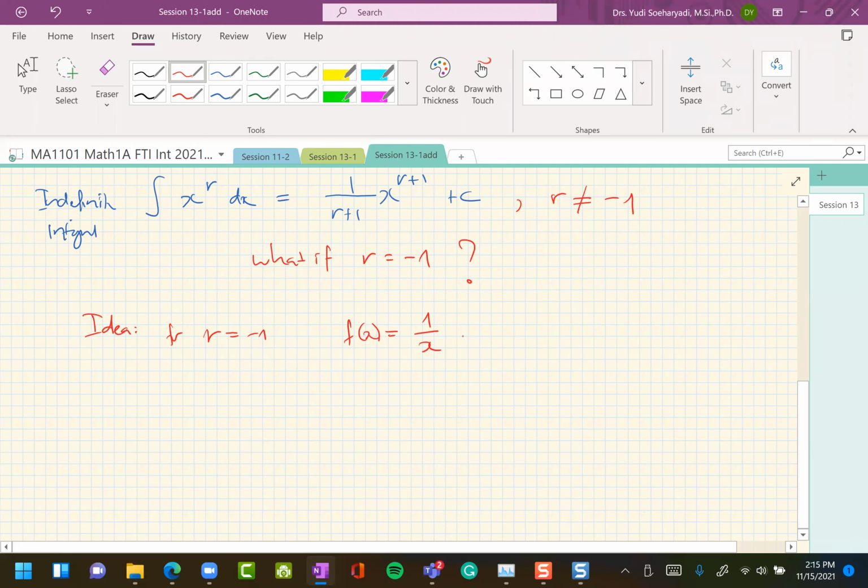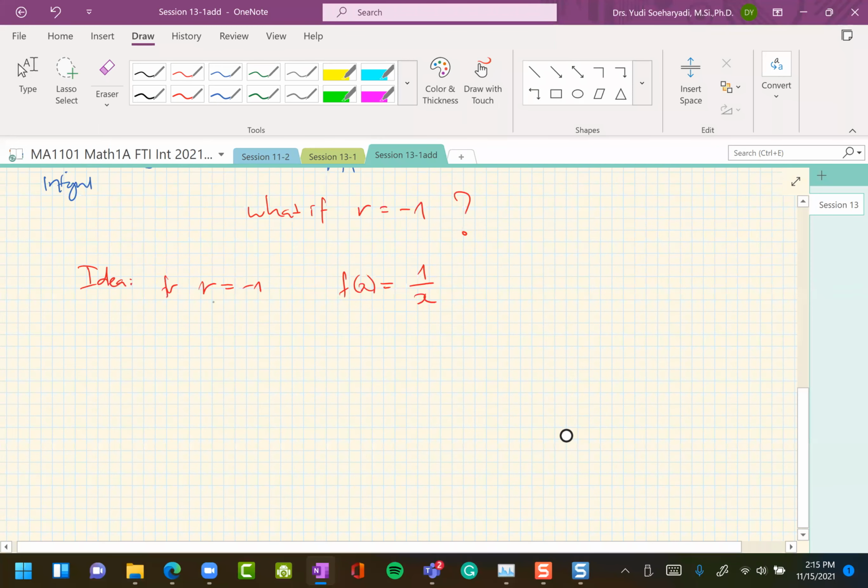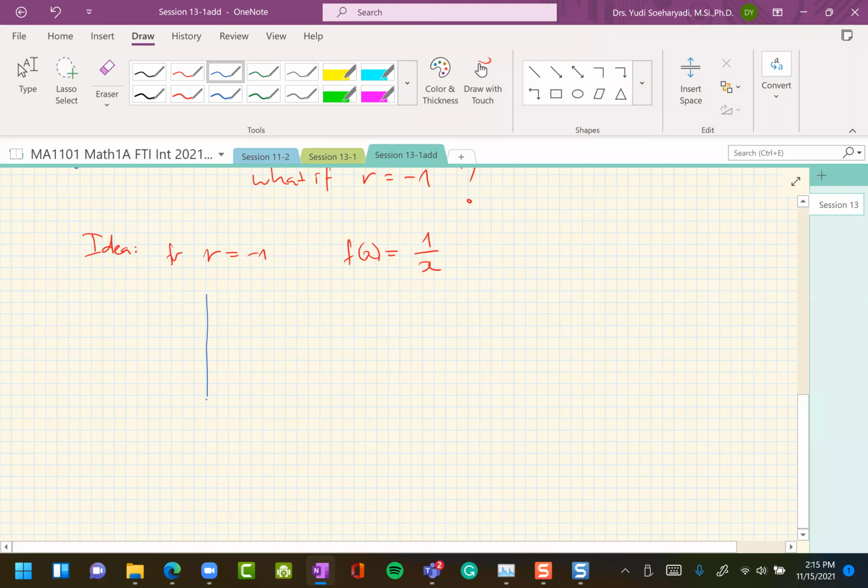So let's picture this one, especially for x positive. For x positive, the picture looks like this.